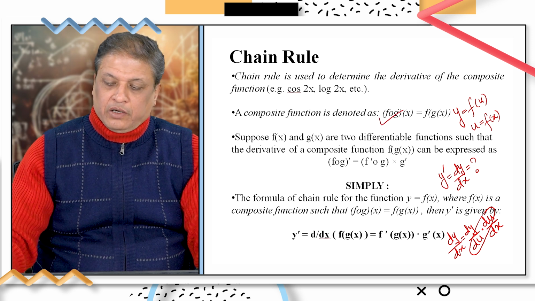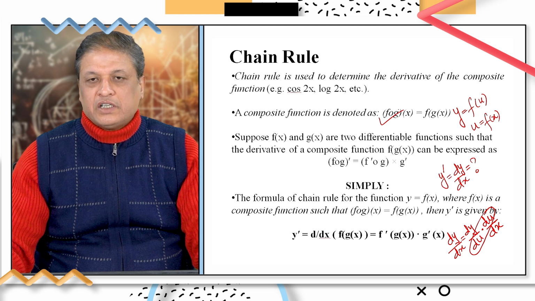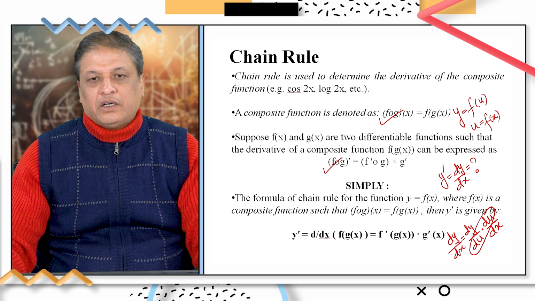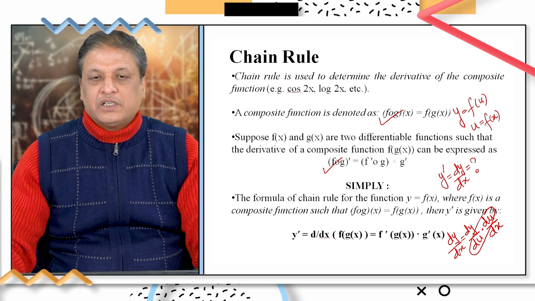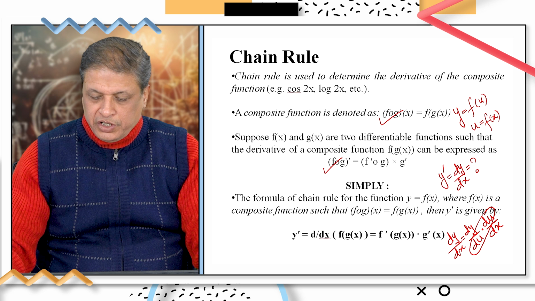So we learned that composite functions are of the type fog of x, that is f of g of x, and the chain rule says that the derivative of fog of x is derivative of f into derivative of g.